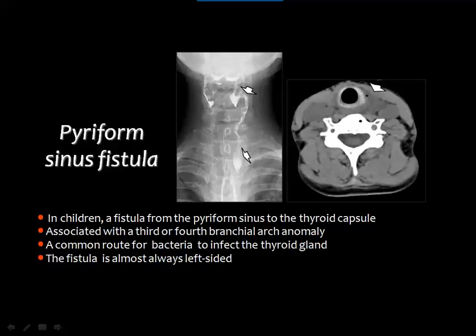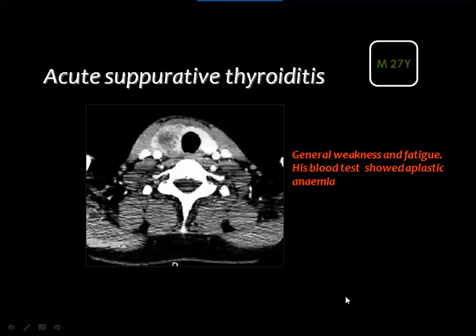Then you see a slight enlargement of the thyroid gland, which is relatively hypodense, and you see air loculus within the infected thyroid. So if you see a lesion like this in the thyroid gland, in absence of clinical data, you cannot say that this is acute suppurative thyroiditis.